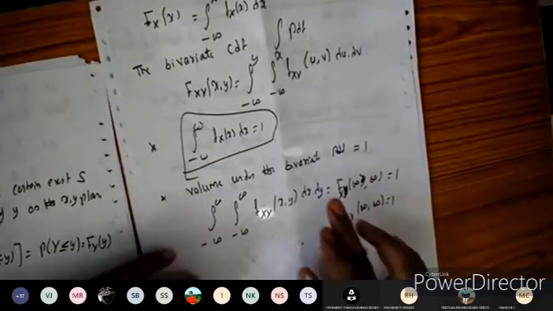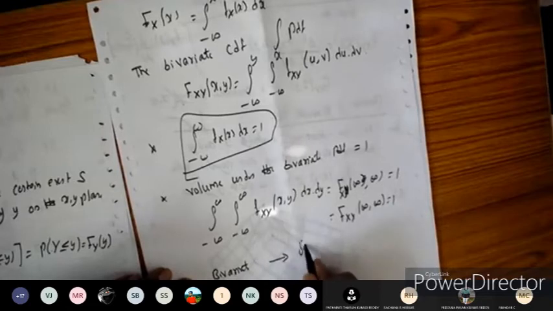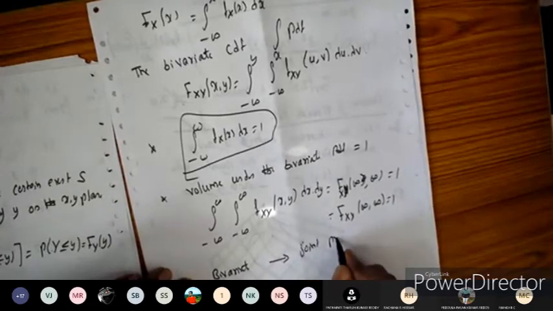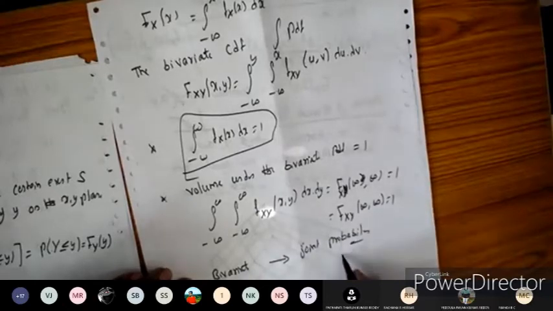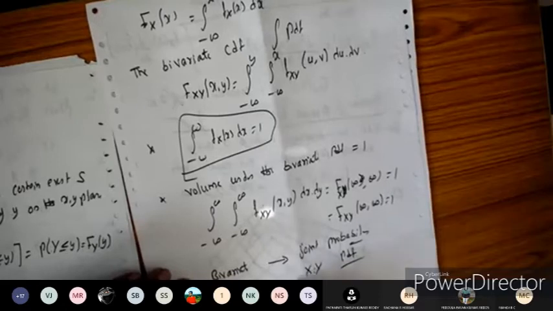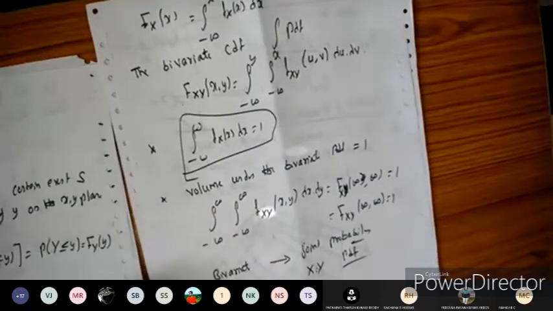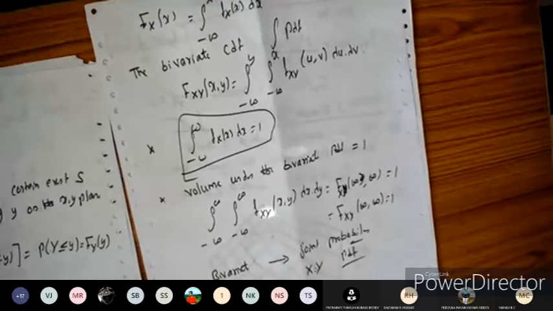In some other textbooks, since it is two random variables, it is called bivariate, and it is also called joint probabilities or the joint PDF, because it involves x and y, the intersection of x and y. So it is called a joint random variable.